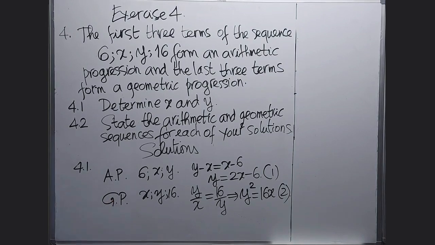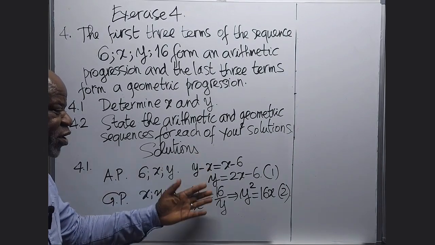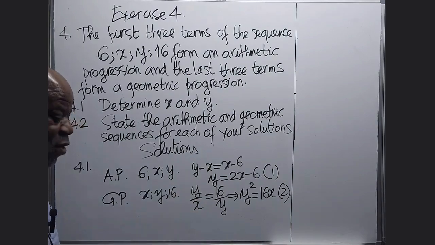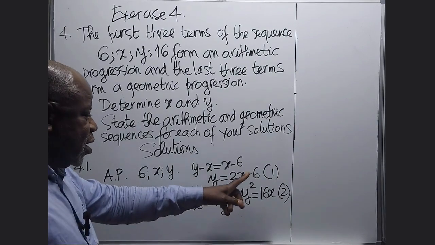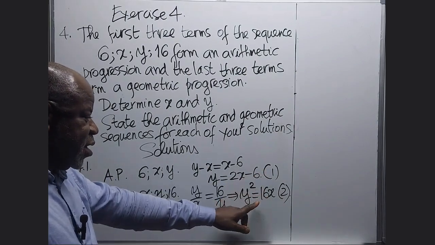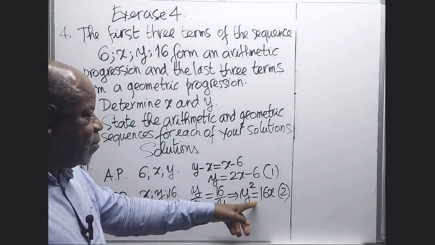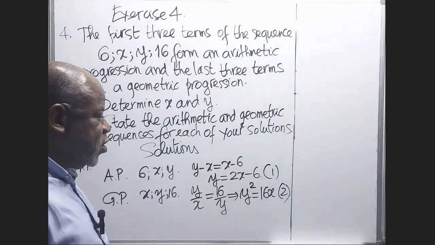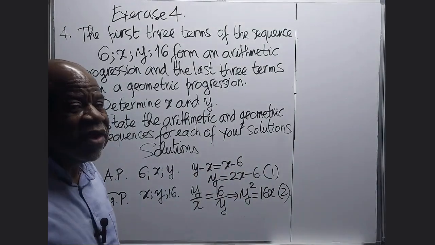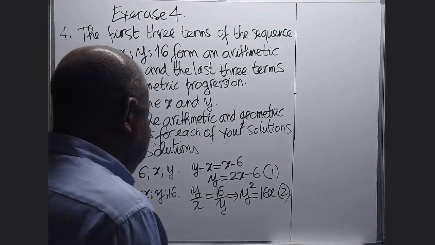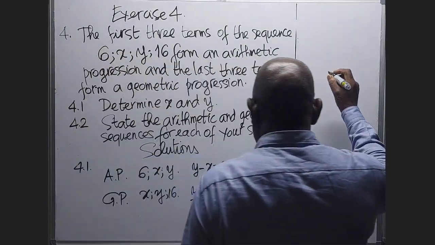This is our second equation, for the geometric progression. We need to get the value of x and y. What are we going to do? We will substitute 1 into 2 and solve, and then we will be able to get the values of x and y.